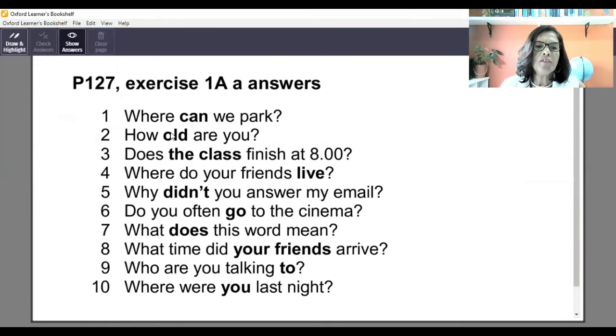Number 2, how old are you? Remember, that is a compound WH: how old, how long, how soon, how far, okay? How old are you? Ask about the age.